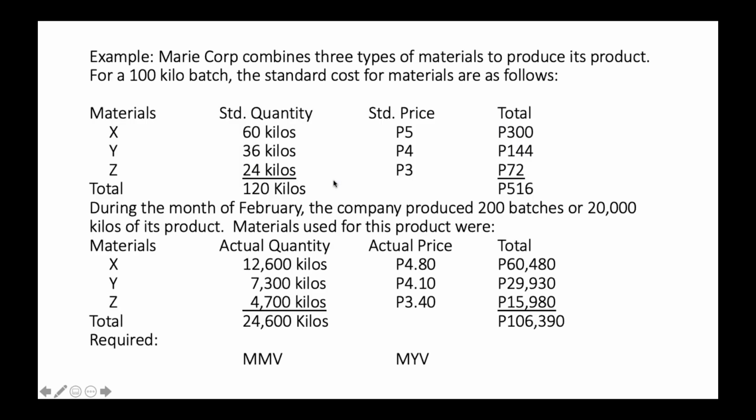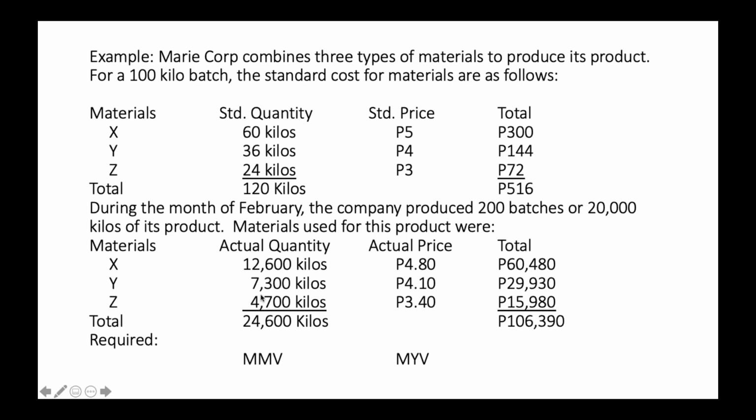So, the actual materials used to produce the 20,000 kilos of its product, or the 200 batches, we consumed 12,600 kilos at 4.8, or 60,480.